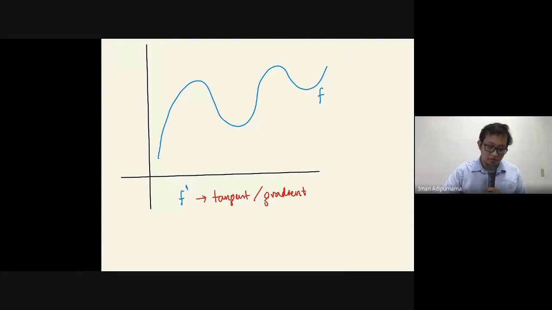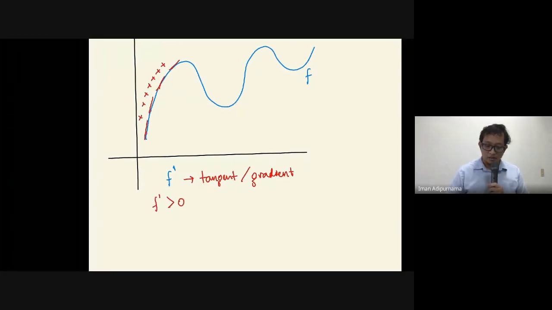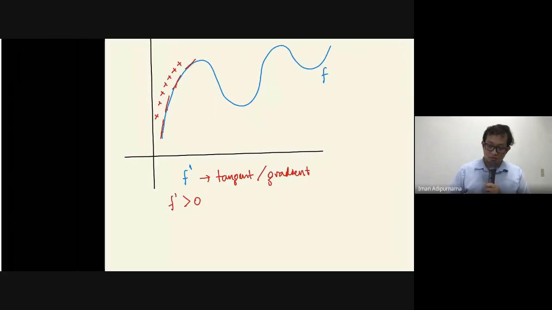For example, this point, and this point, and this point, and this point. We can see from the graph, if f prime is greater than 0, meaning this is increasing, right? It's positive. It's increasing. So when f prime is greater than 0, the original function is increasing.